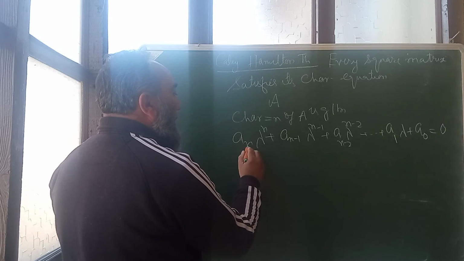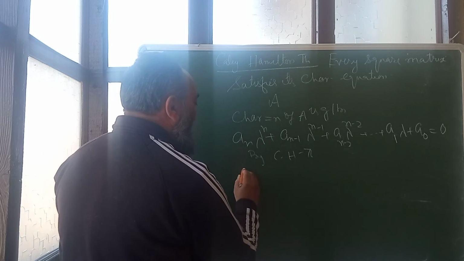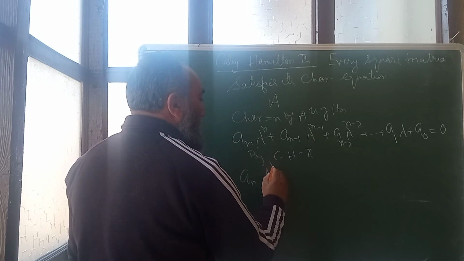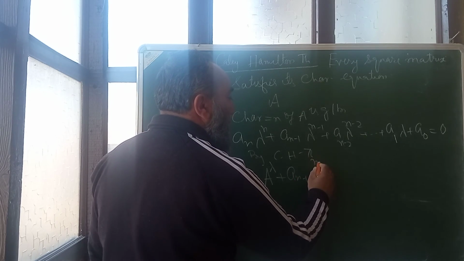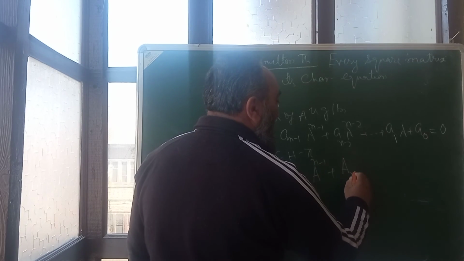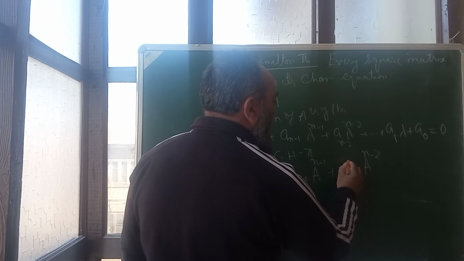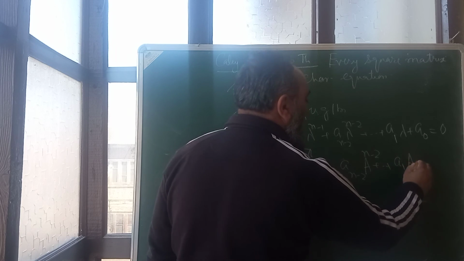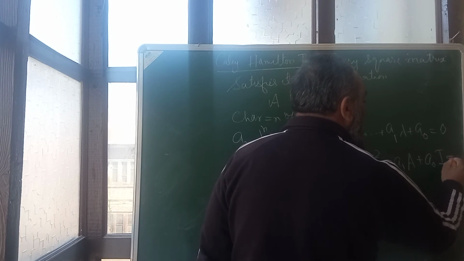Means, by the Cayley-Hamilton theorem, instead of lambda, if you put A, this will be satisfied: A^n plus a(n minus 1) A^(n minus 1), plus a(n minus 2) A^(n minus 2), plus so on, a1 A, then a0, not a0, it is a0 I, the unit matrix.